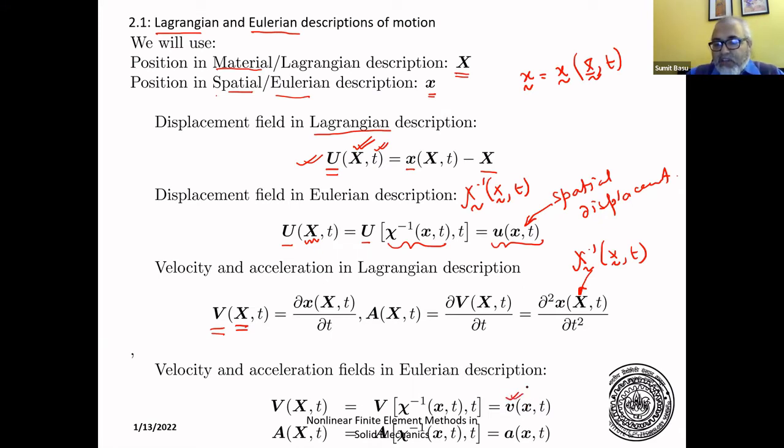So these are your spatial velocities and spatial accelerations. Value-wise, as vectors, both capital V and small v are the same, but the inputs to it are different. That's what you have to keep in mind.